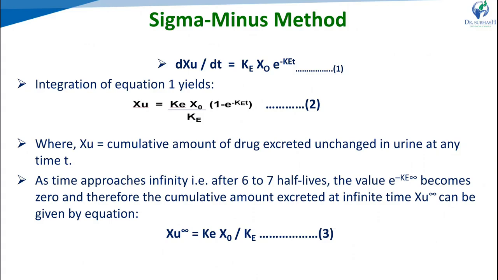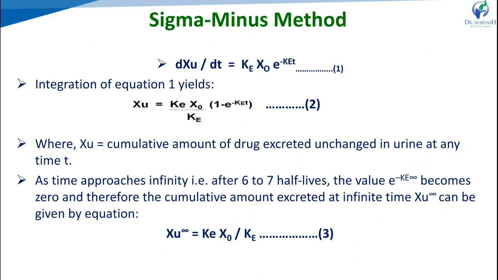From the earlier equation, dXu/dt = Ke X0 e^(-Ket). Integration of that equation gives Xu = (Ke X0/Ke)(1 - e^(-Ket)). Xu represents the cumulative amount of drug excreted unchanged in the urine at any time t.